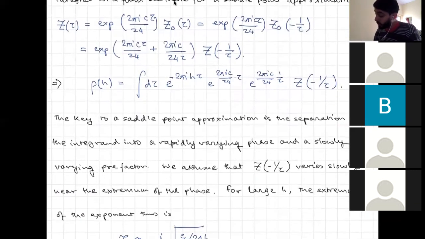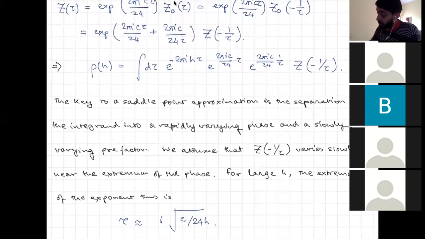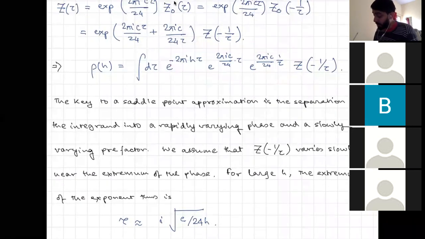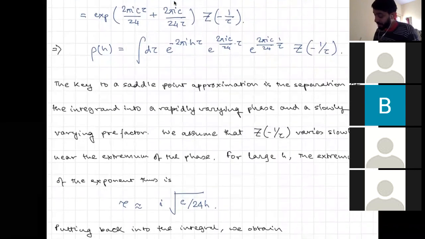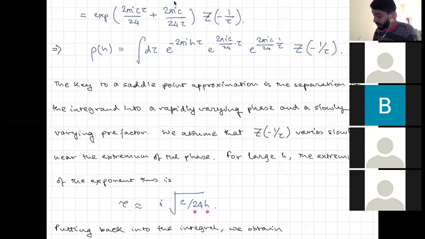So if you do that, you need to extremize this exponent, and the extremum of the exponent is tau is i square root of c over 24h.